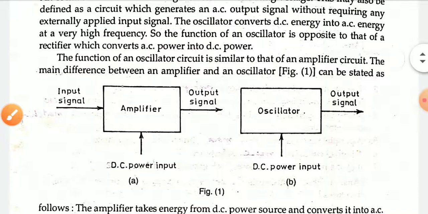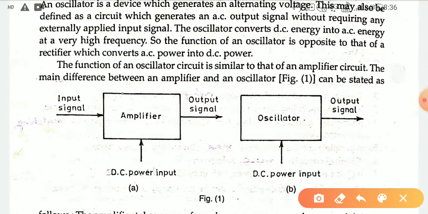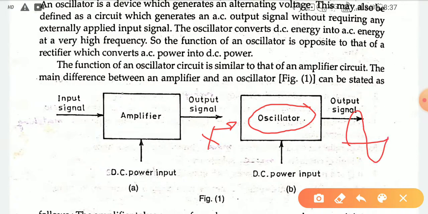But for the oscillator, no input signal is applied. That is, here no input is applied. In the internal circuit of the oscillator, the passive or active elements which are present are the ultimate reason for the output waveform.